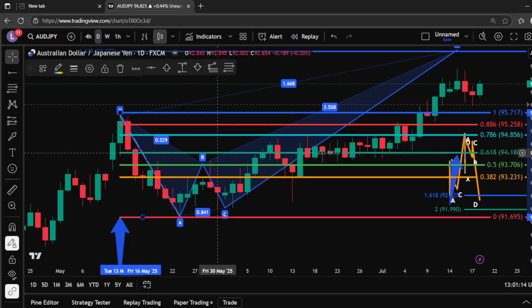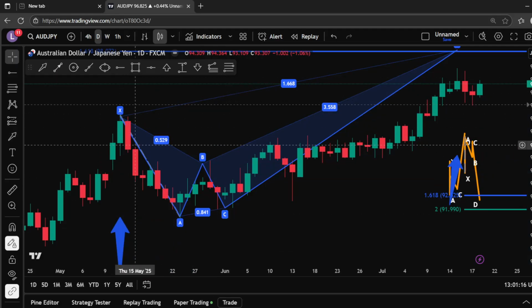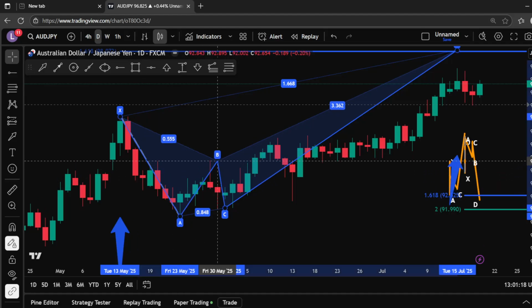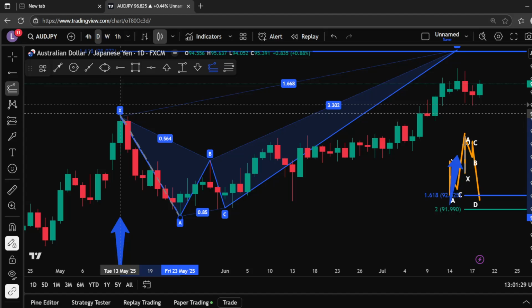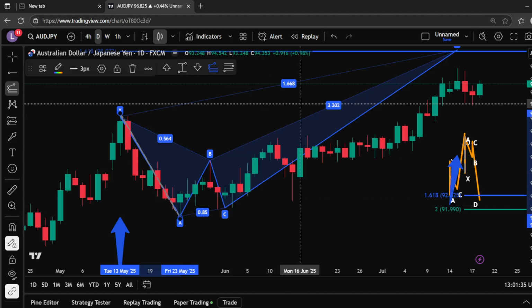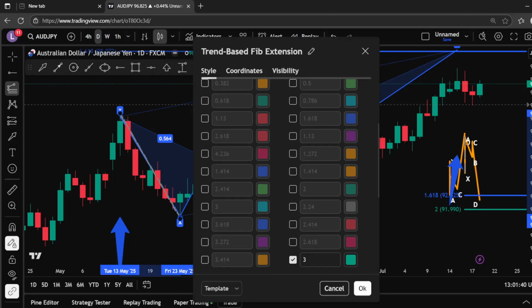Okay. And then our D leg, we need to take your fib extension. You go from A to X and back to A. So you need 1.618 and 2.